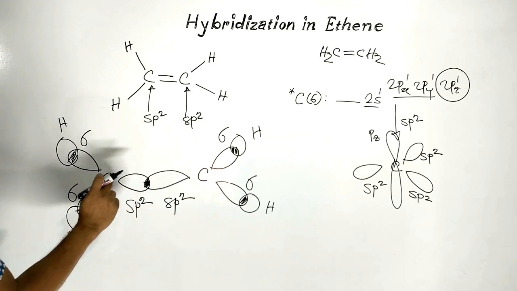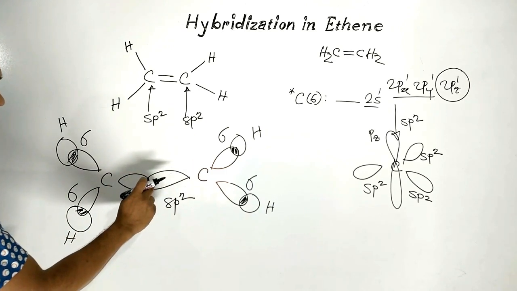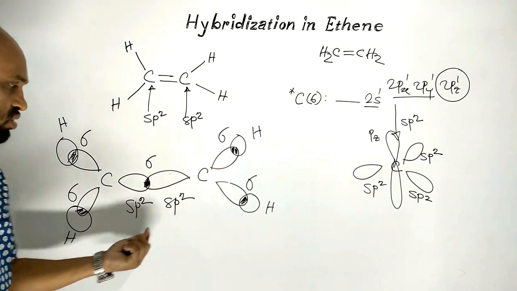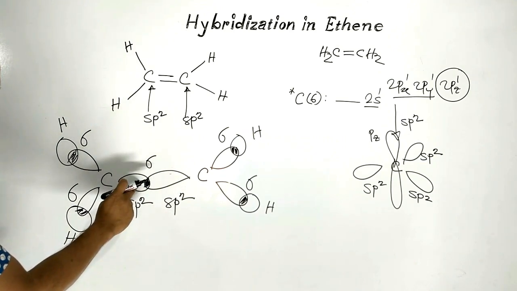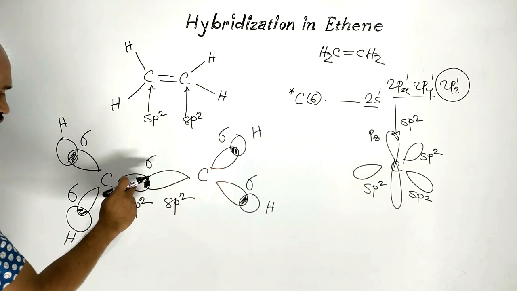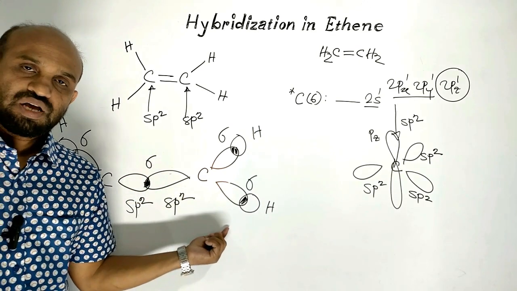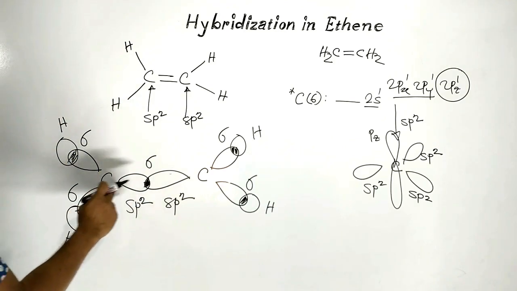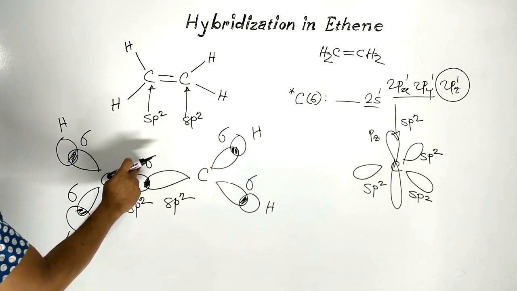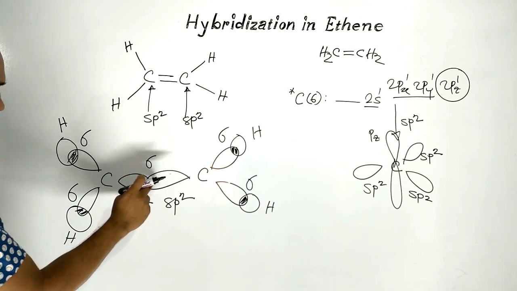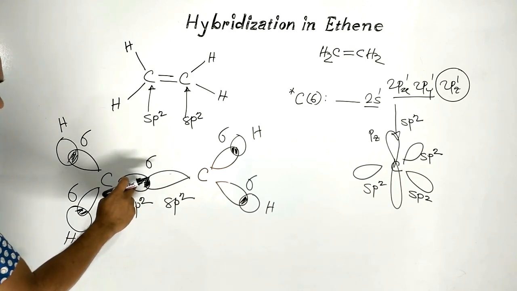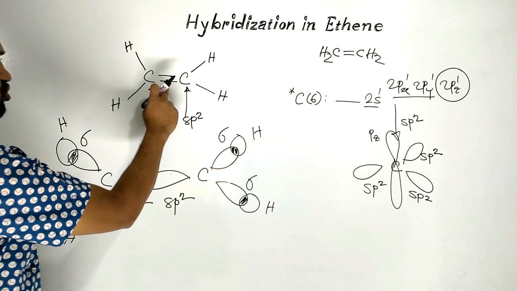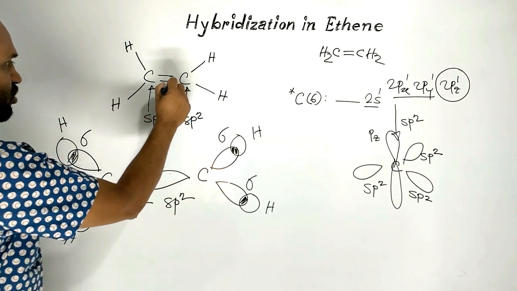As a result, carbon-carbon one bond is formed, which is sigma bond. We know sigma bond is formed through head-to-head overlap of s and hybrid orbitals. So this carbon-carbon bond is a kind of sigma bond, because this bond is formed through head-to-head overlap of hybrid orbitals. So we got carbon-carbon one bond that is sigma bond.